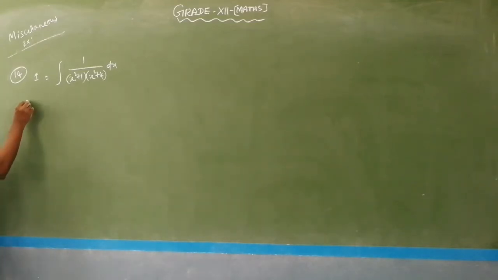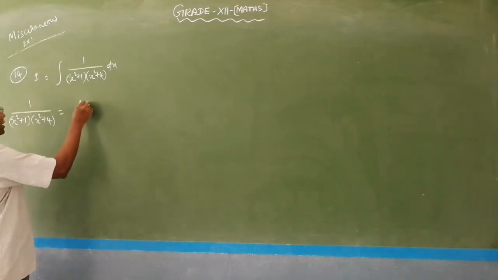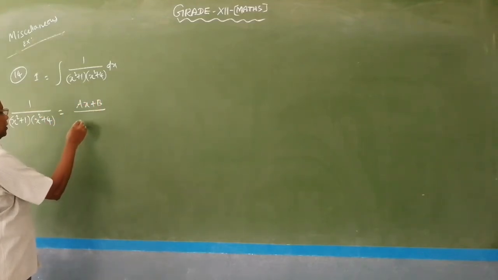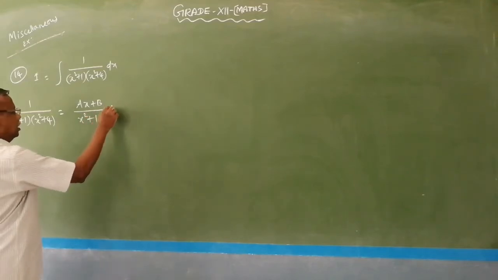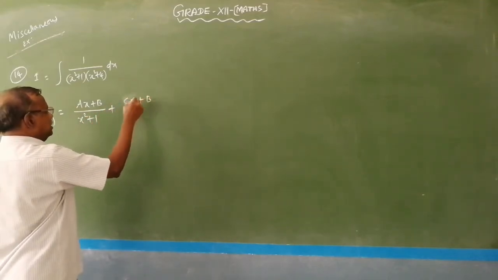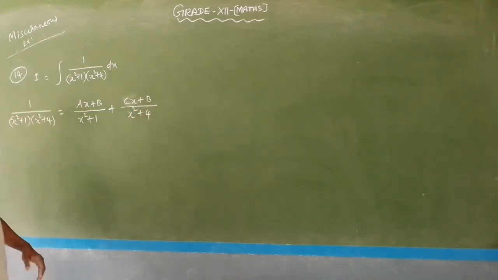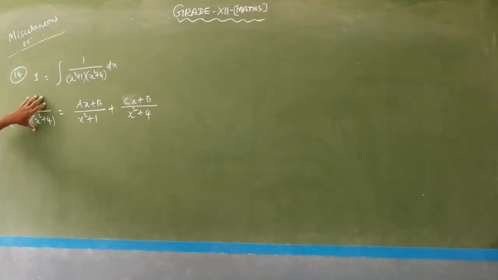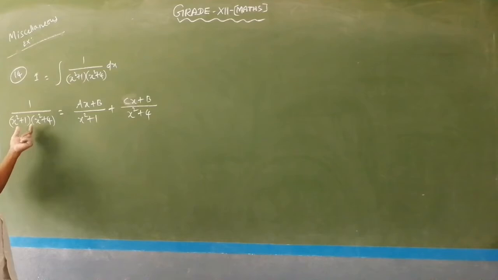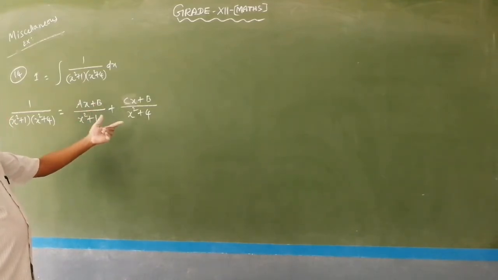Now, 1 by x square plus 1 into x square plus 4 equal to, we can write it as ax plus b divided by x square plus 1 and cx plus d by x square plus 4. We have a rule for the partial fraction. When the denominator is a quadratic function, you have to write a linear function in the numerator.